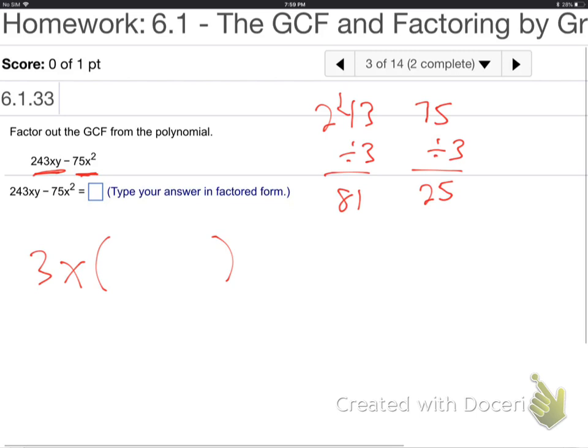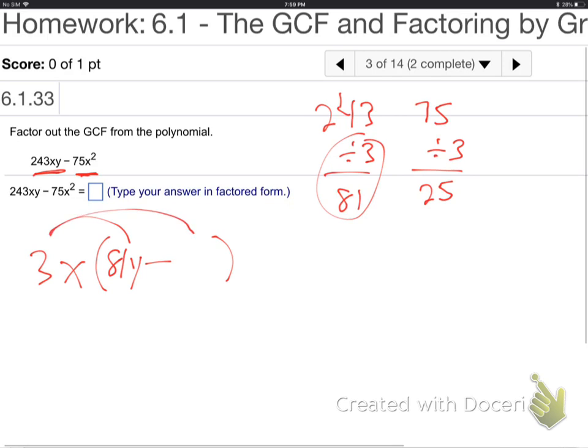Now, we're going to put a minus. This one has a minus in the middle. What goes on the inside? When you multiply letter-number things, remember how it works from your earlier algebra stuff? Out front numbers multiply, powers add. So, 3x times what? 81 and the y, because over here, divided by 3, 3 times 81 is 243.